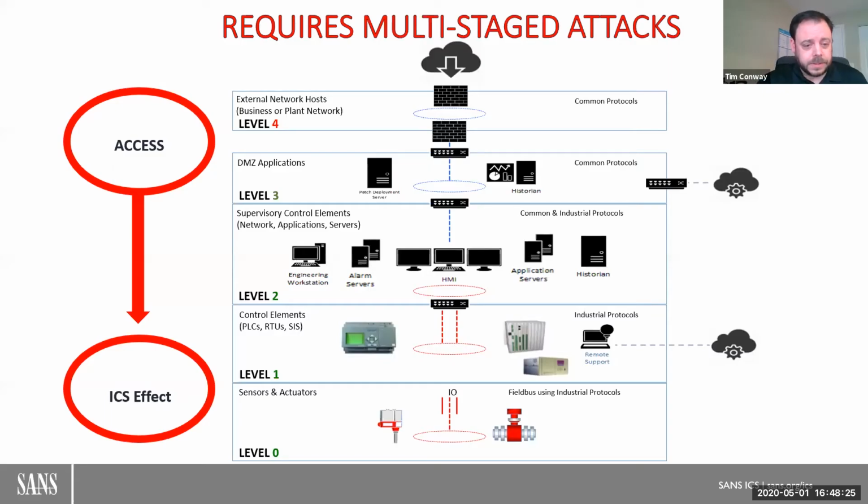Those who participated in the CTF, you've heard kind of Purdue Model references. You've heard a couple of references throughout our presentations on stage 1 or stage 2 types of attacks. An adversary kind of moving through these various network segments to get down into level 0 kind of sensors, actuators, or manipulating industrial control systems at level 1.